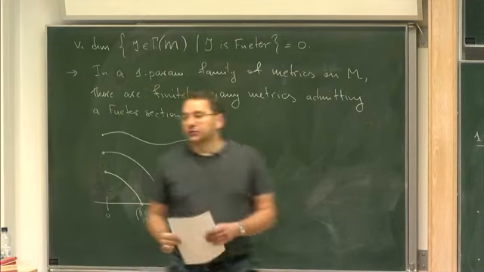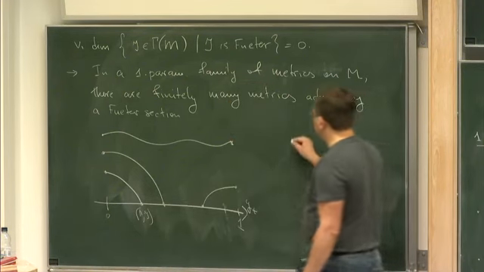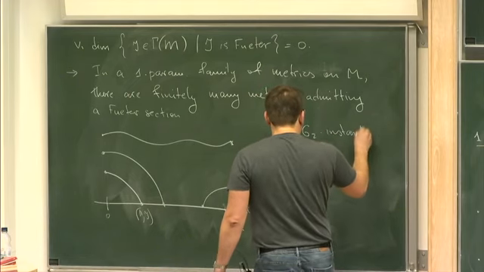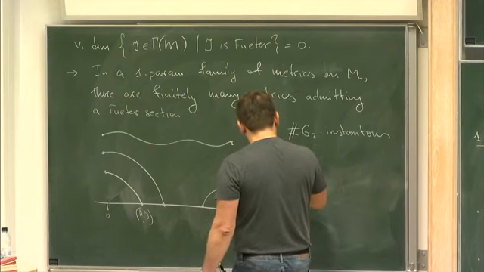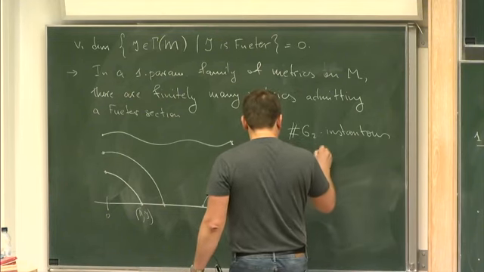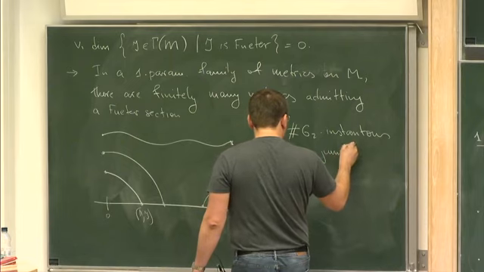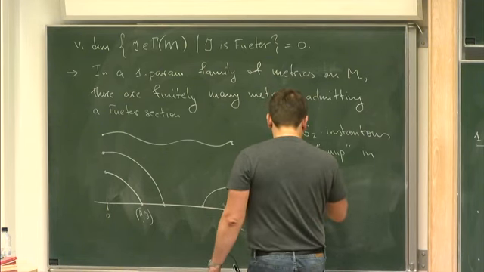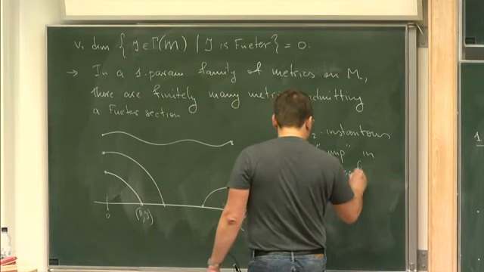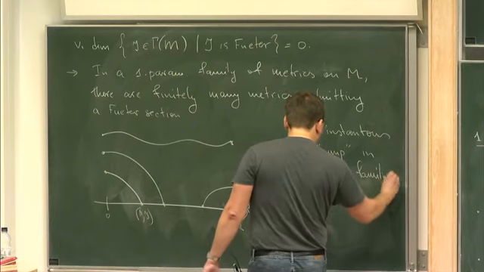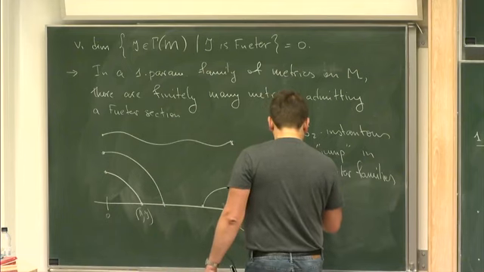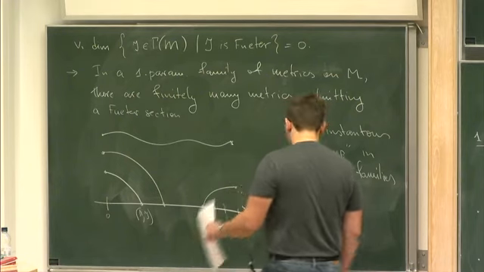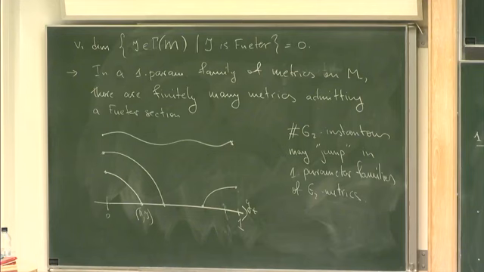So the conclusion is that the number of G2-instantons may jump in one parameter families of G2 metrics.